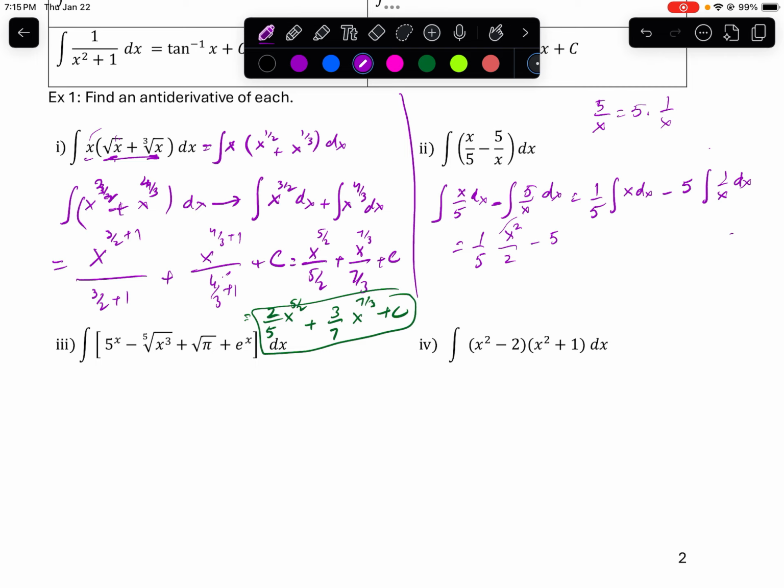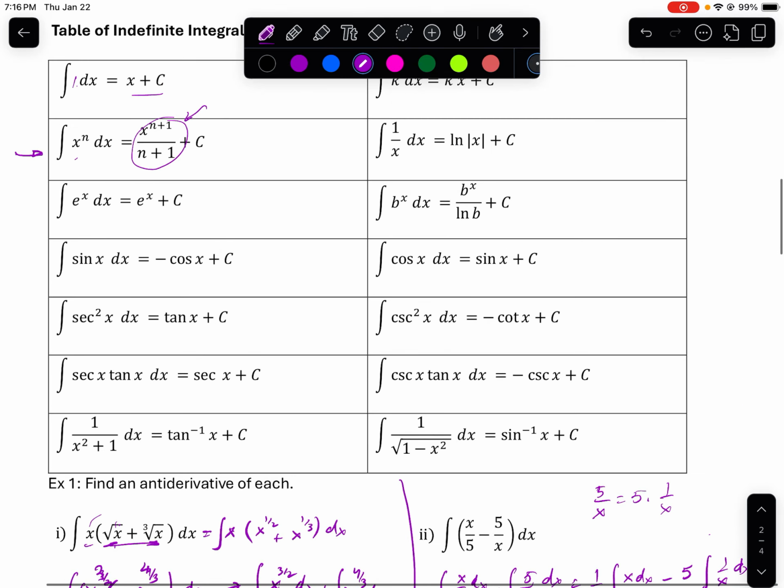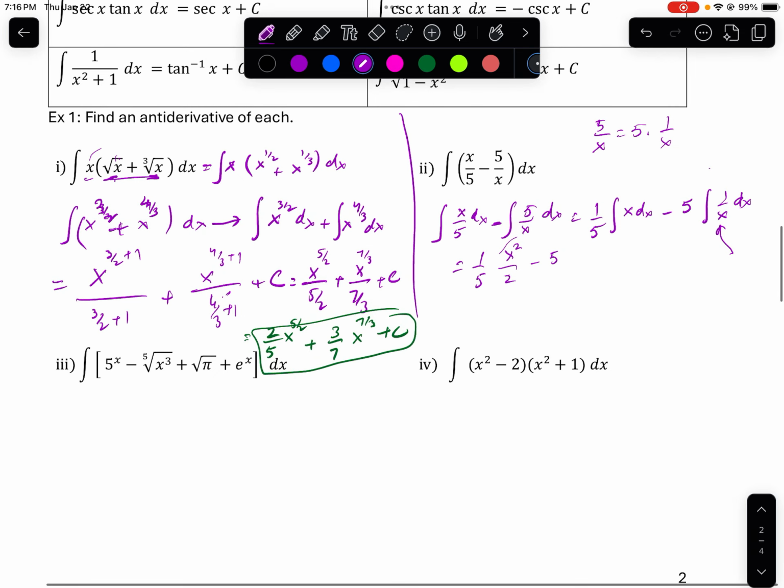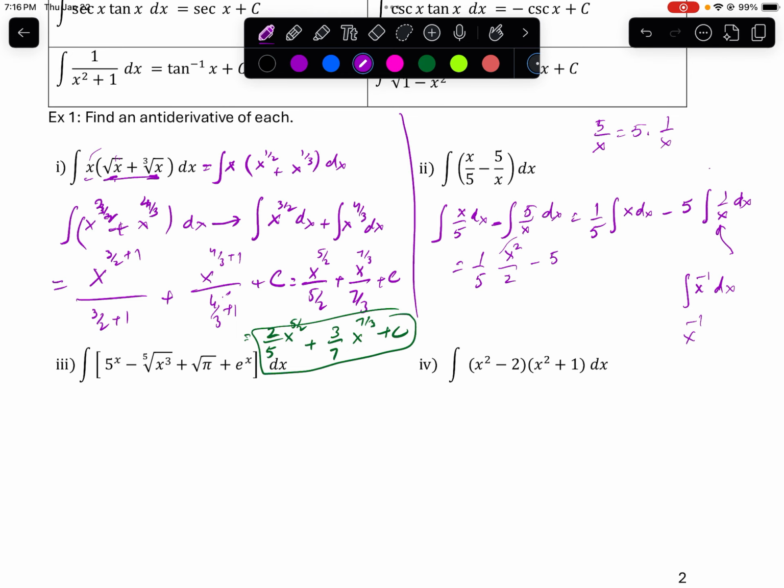Now what is the integral of 1 over x? Can we apply the rule that we have here, x to the n type? Remember, 1 over x can be written as x to the negative 1. So if you do this, x to the negative 1 plus 1, then in the bottom you have x to the 0 over 0.